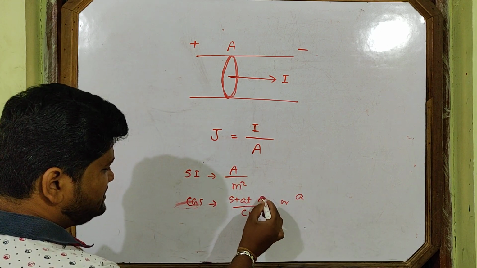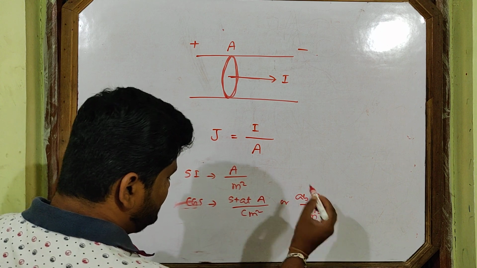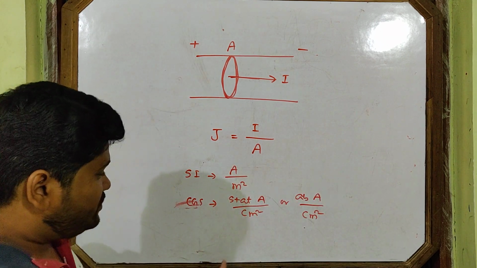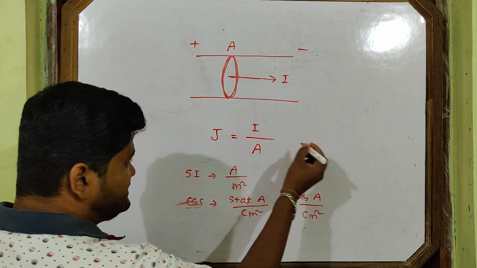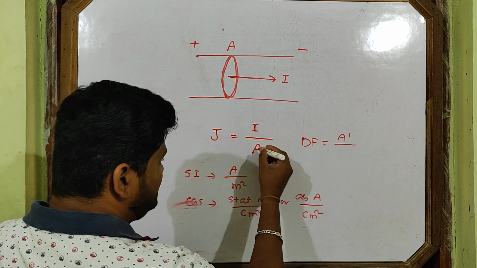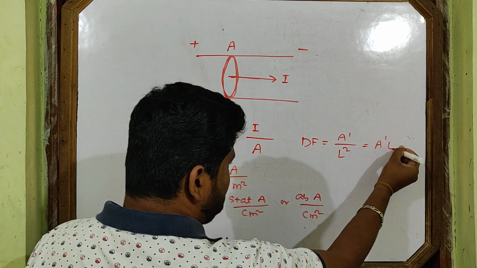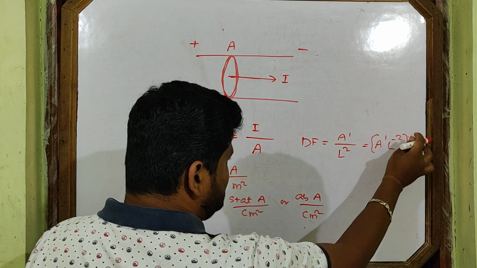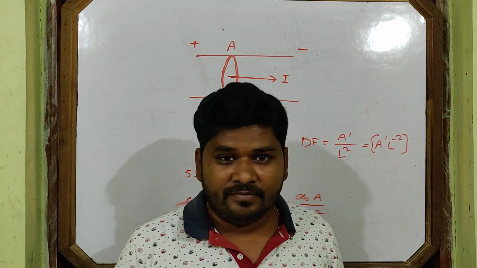For the dimensional formula, current is A1 and area is L square, so the dimensional formula is very simple: A1 L minus 2. This is the dimensional formula of current density.